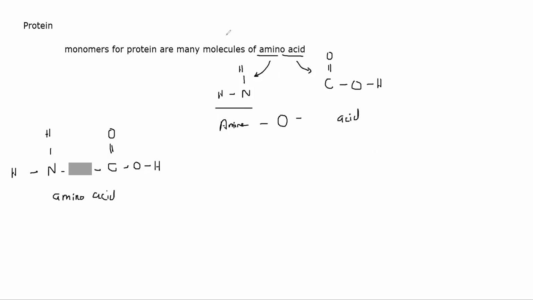Then there's another molecule of amino acid, and between them there's a carbon chain. So we use a symbolic representation. If they have an identical number of carbons, we use the same symbol. If they have a different number of carbons, we use a different symbolic representation. This is also amino acid. I'm drawing the monomer.